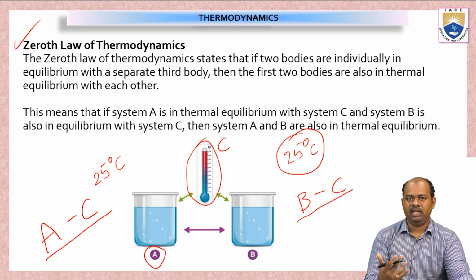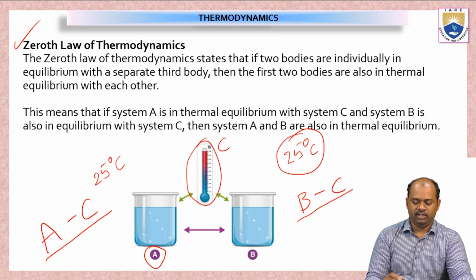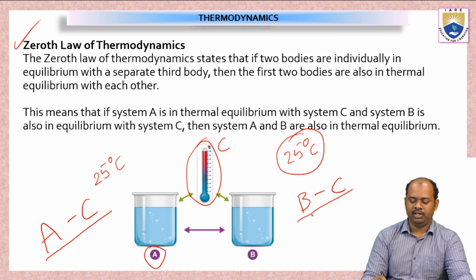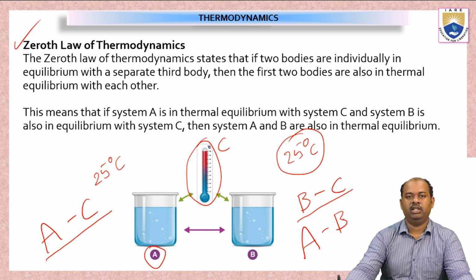We are comparing the temperature of beaker A and beaker B with the thermometer, whose temperature becomes equal to the container's temperature. Now, AC is in thermal equilibrium and BC is also in thermal equilibrium. So we can simply say AB is also in thermal equilibrium.